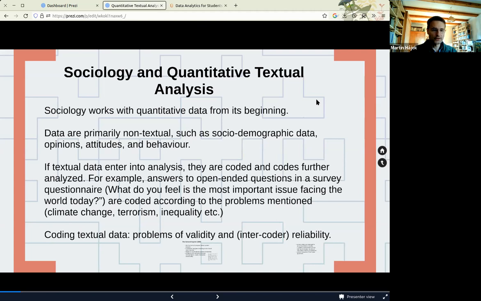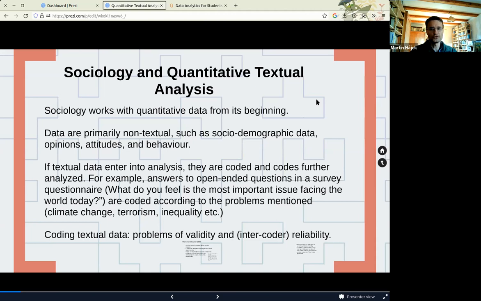And coding textual data is a powerful step because it transforms naturally occurring data into analytical data with which we can do various procedures, but it is also the origin of several problems.